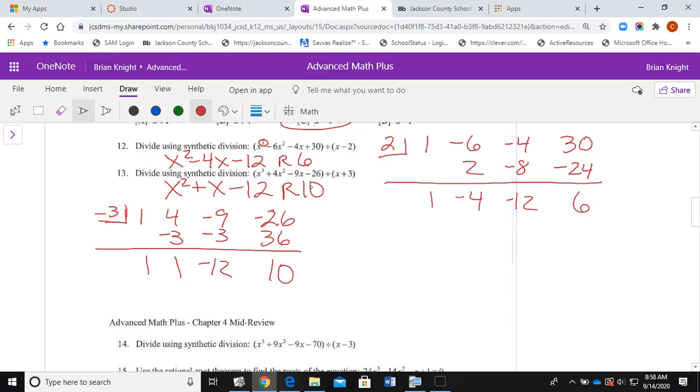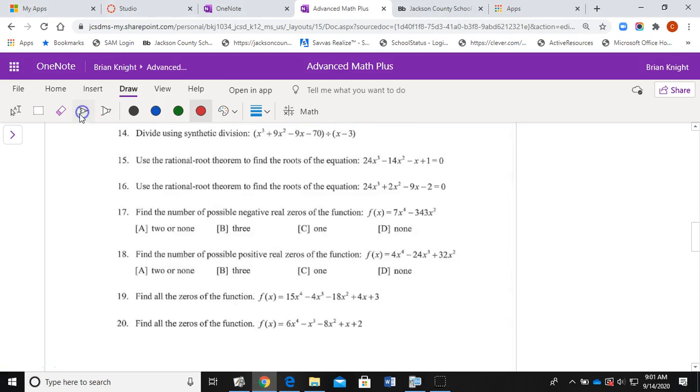So 14. One more like that. So we're going to plug in what? 3. Coefficients are 1, 9, -9, and -70. 3 times 1 is 3. 9 plus 3 is 12. 3 times 12 is 36.